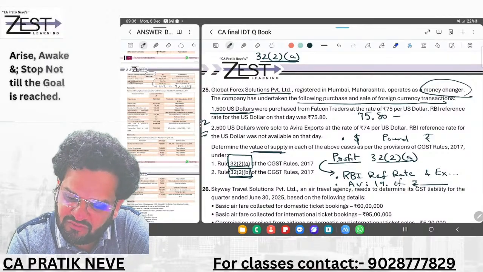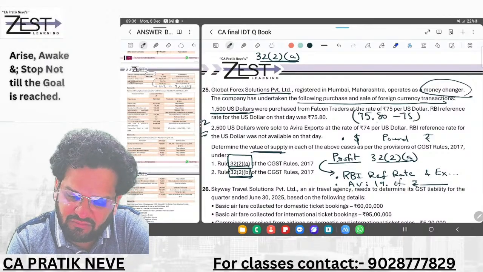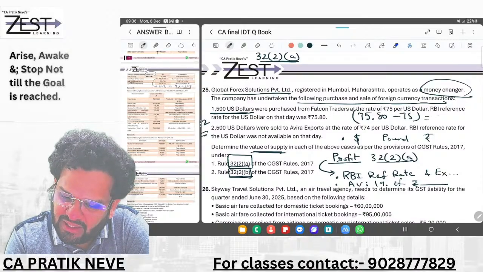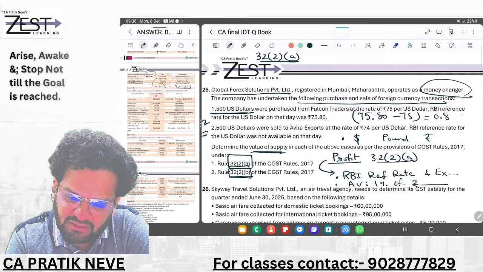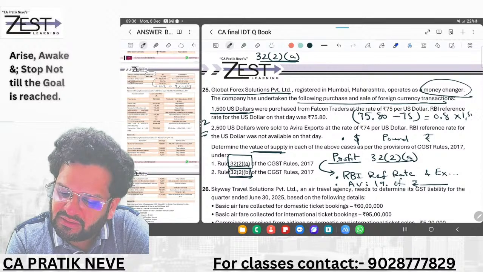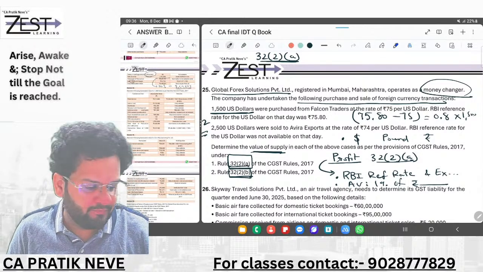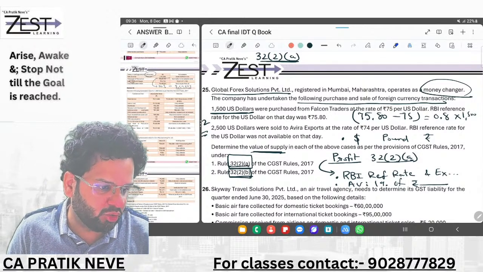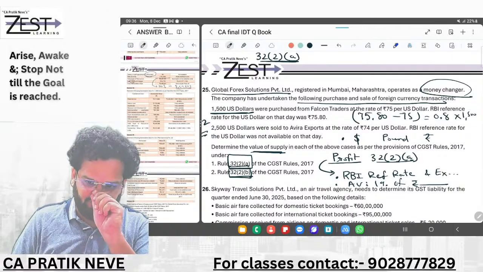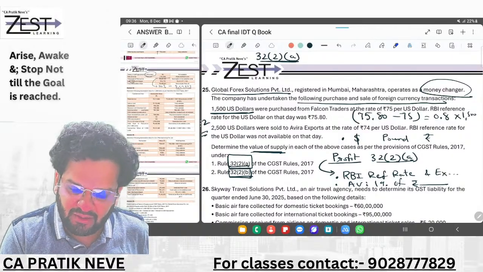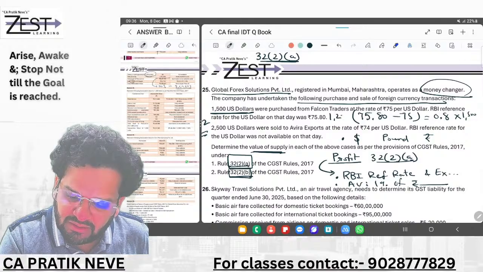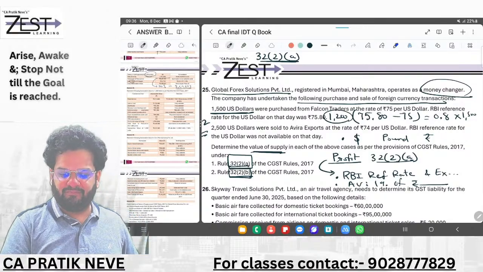So friends, 75.8 minus 75, that is 0.8 per dollar, into 1500. This is the assessable value. So what is 0.8 into 1500? It is 1200. So the assessable value is 1200.